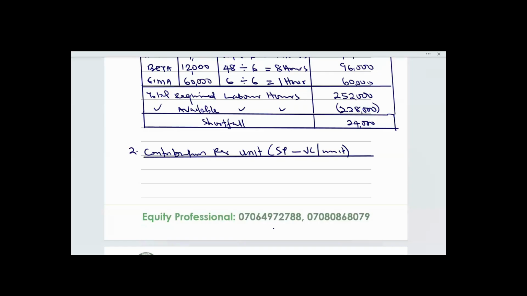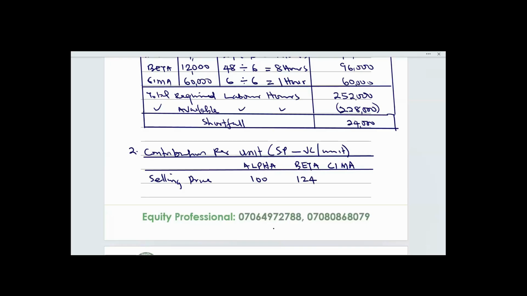So we do for alpha, beta, and then sigma. How much is selling price of alpha? 100. Beta, 124.